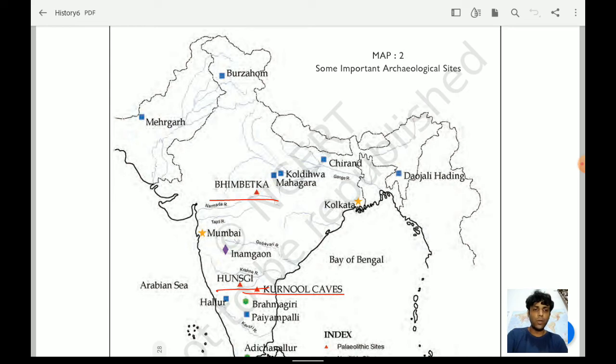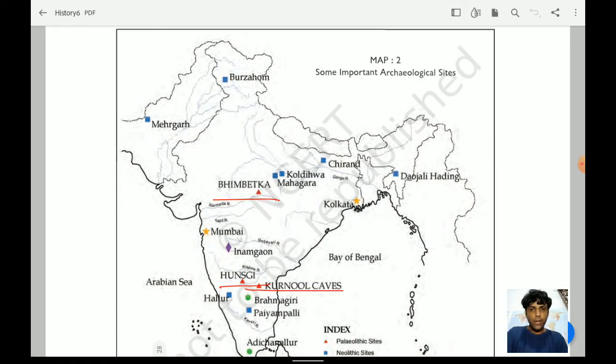So it is important to understand these locations, and you can simply mark or note them down in your register or anywhere you want, so you can recall them whenever required. Okay, so this becomes an important fact for the preparation of our examination. Okay, so let us move ahead. So here are the Bhimbetka, Hunsgi and Kurnool caves.